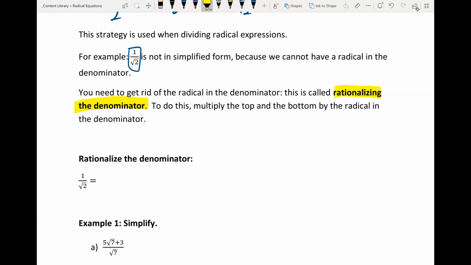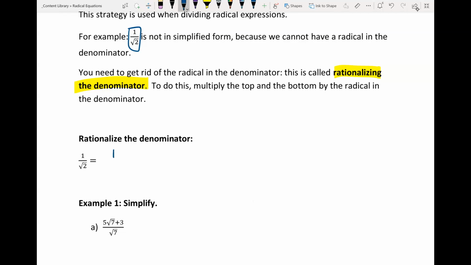And in order to do this, we're going to multiply the top and bottom by the radical in that denominator. So for example, if we have 1 over the root of 2, I'm going to multiply top and bottom by root 2. So I can get rid of that root 2 on the bottom. And then when we multiply, we're going to multiply across.